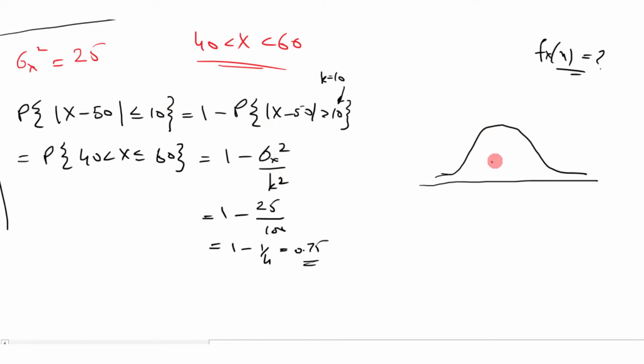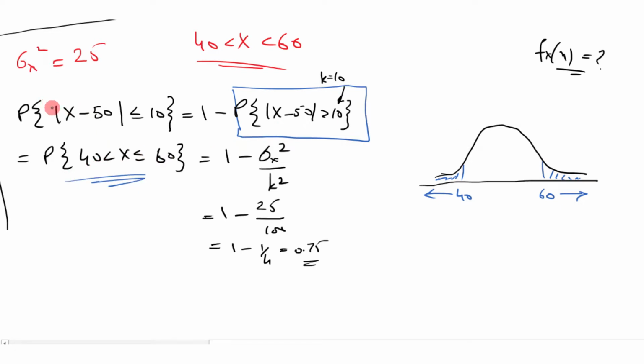So let's suppose the hypothetical density function looks like this. Then in this case, you are actually calculating the probability in this range, which is beyond 60 and less than 40, whereas for this thing you are calculating this probability.